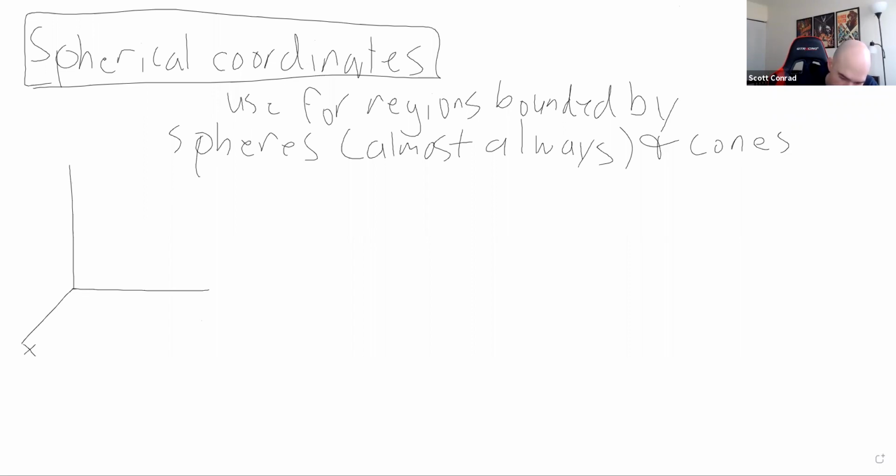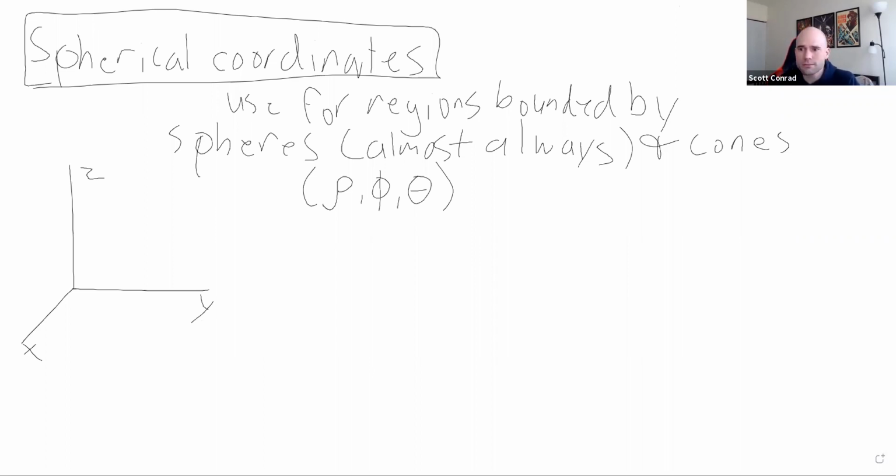So here's how spherical coordinates work. Points in spherical are going to be of the form rho, phi, theta. The first one is a rho, not a p. Sometimes you'll see it as rho, theta, phi, but this book uses rho, then phi, then theta in that order, although it's not super important because we're not really going to be looking at coordinates of points.